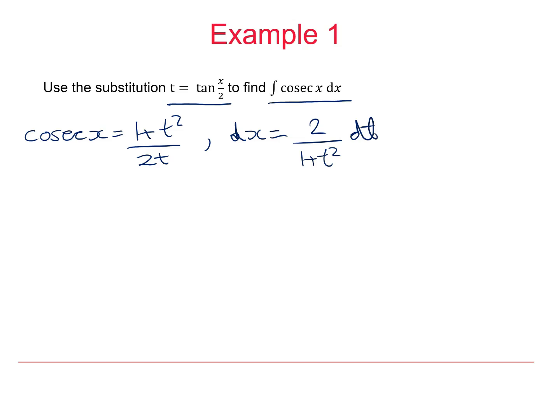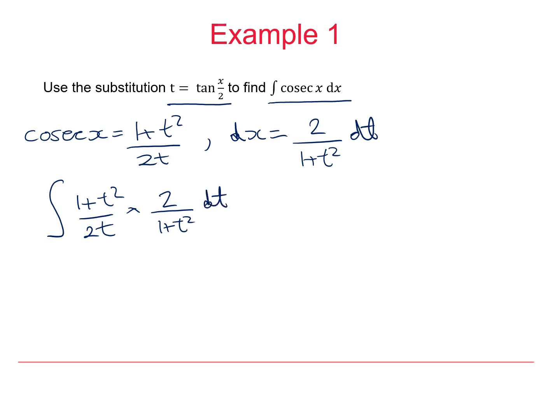So I can substitute those directly in and have my integral, and it will be 1 plus t squared over 2t for cosec x, and I'll replace dx with 2 over 1 plus t squared dt.